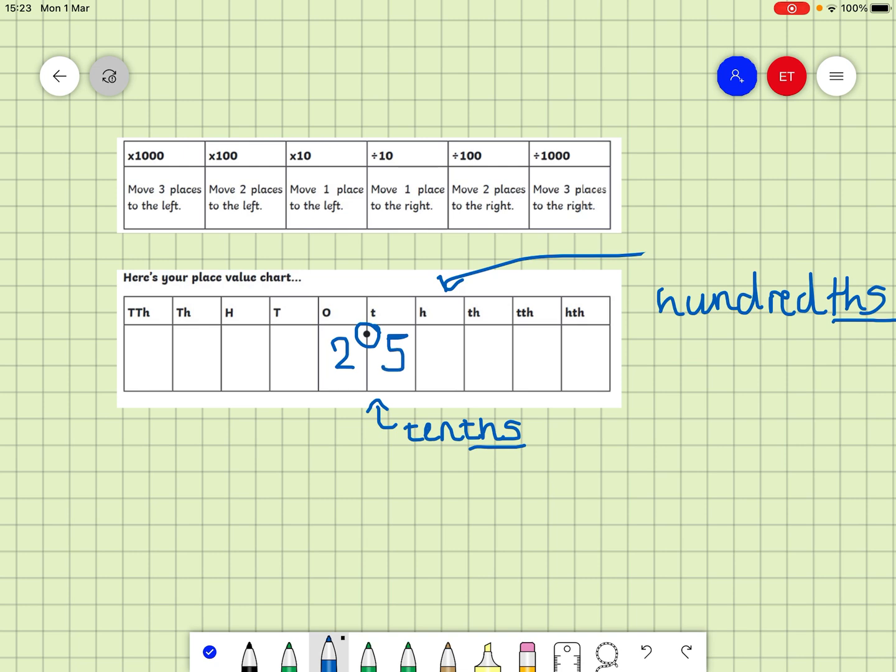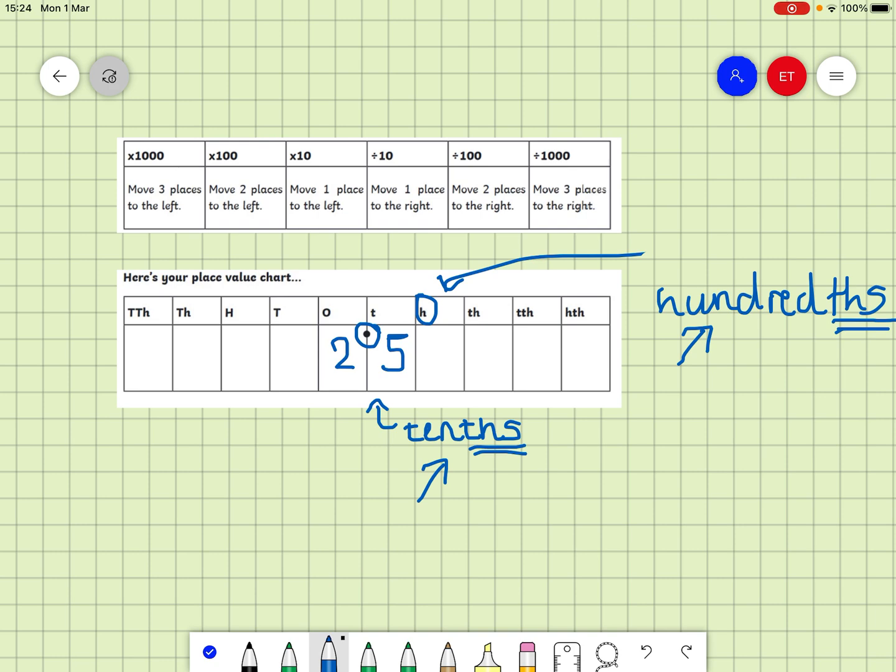Now that T there stands for tenths, okay, so we have tens but we have tenths after the decimal point. Then here we have hundredths. So you'll notice there's a ths at the end, okay? So these are the values of the digits after the decimal point.